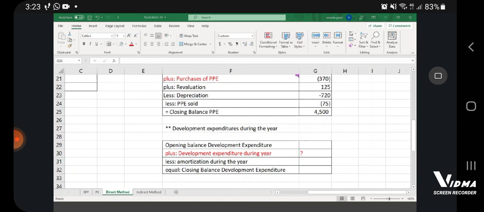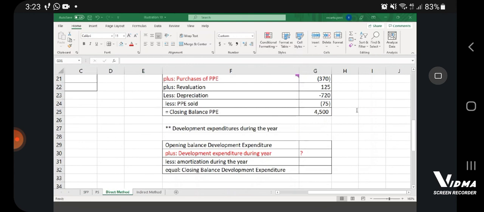Anyone can calculate that? Okay, it's not even. Remember that we are taking into consideration the purchases with a minus for cash flow statement purposes, but for the purposes of this formula, the purchases are increases in value.